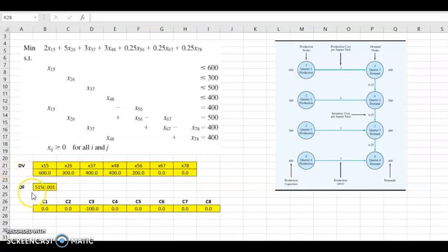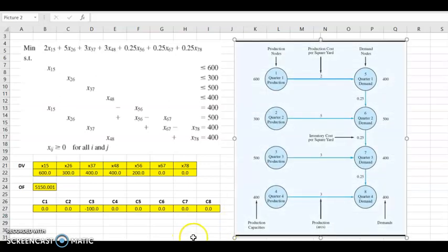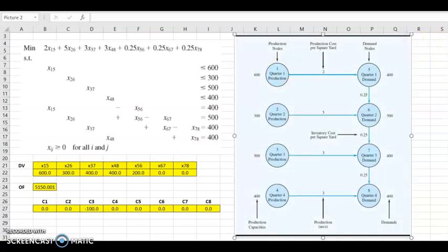It says the total cost now is 5150, and I hope I have no typo over there. Okay, let's try our answer on this graph to make a better understanding of the model we discussed together today.